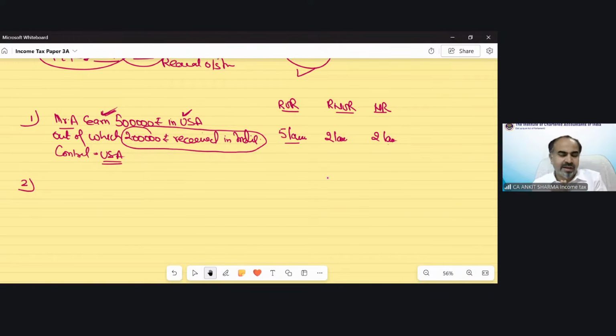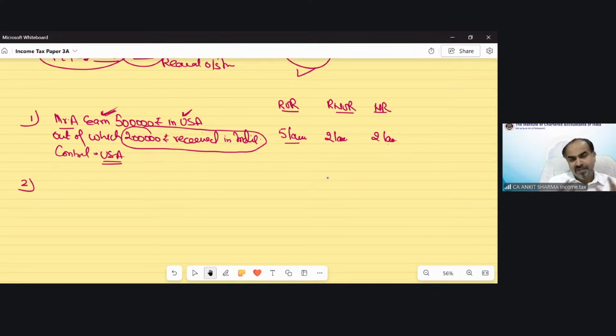Suppose a foreign citizen, a foreign businessman, earned 10 lakh rupees in his country. He's a non-resident. He comes to visit India. Out of that 10 lakh rupees, he brings 50,000 to visit India.